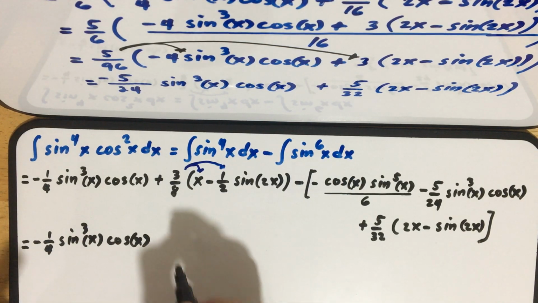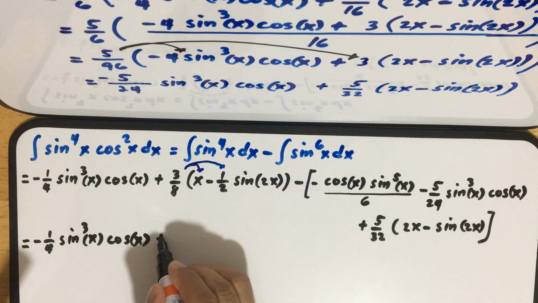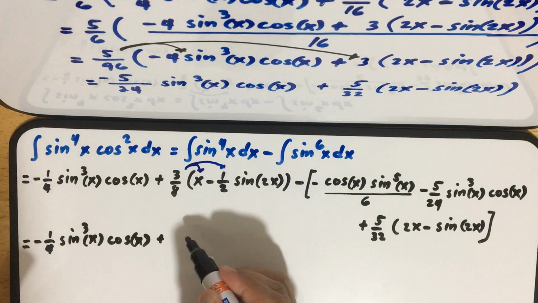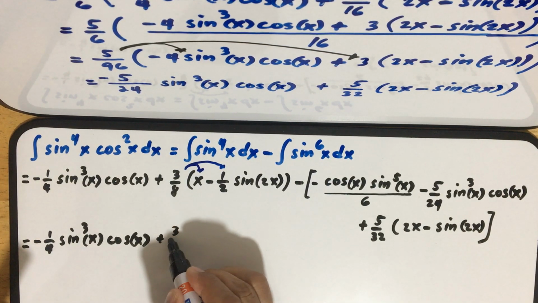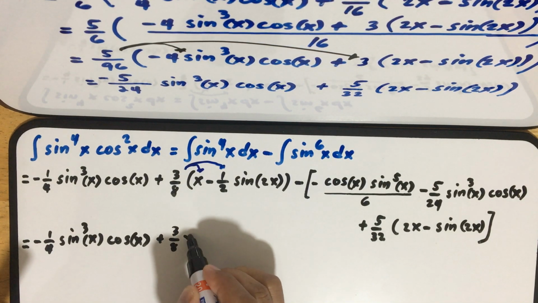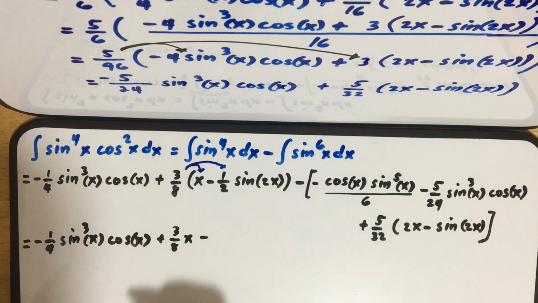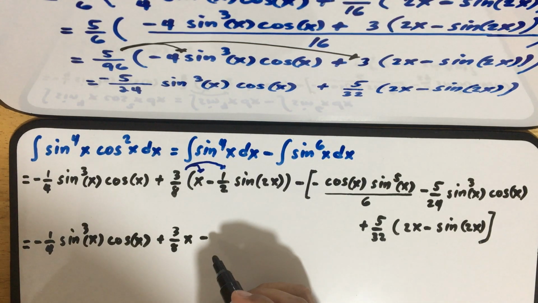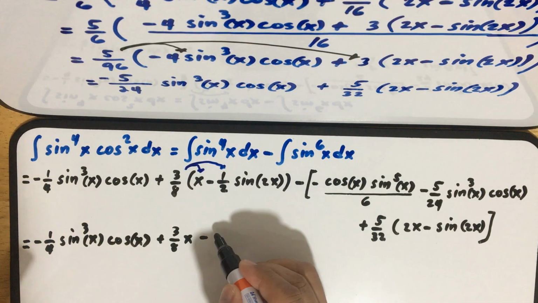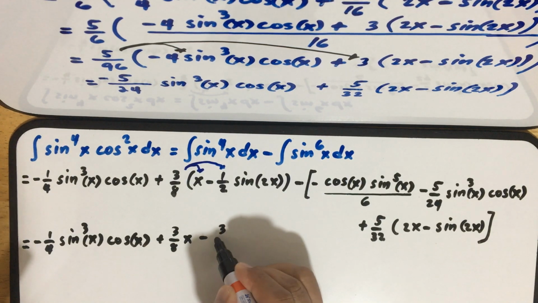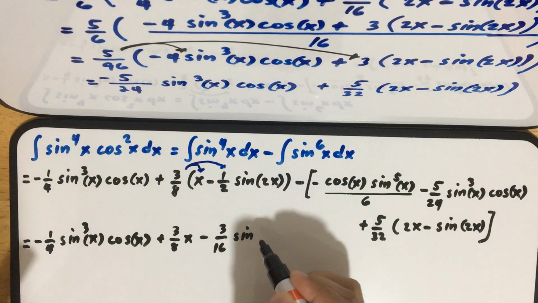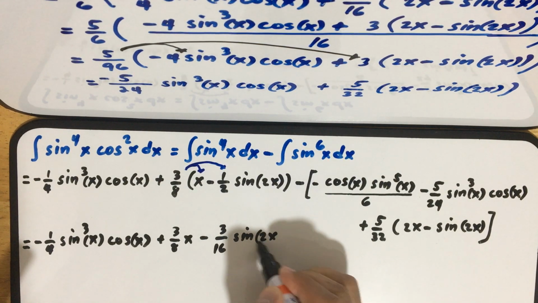So this becomes plus 3/8 x, then minus 3/16 times sine 2x.